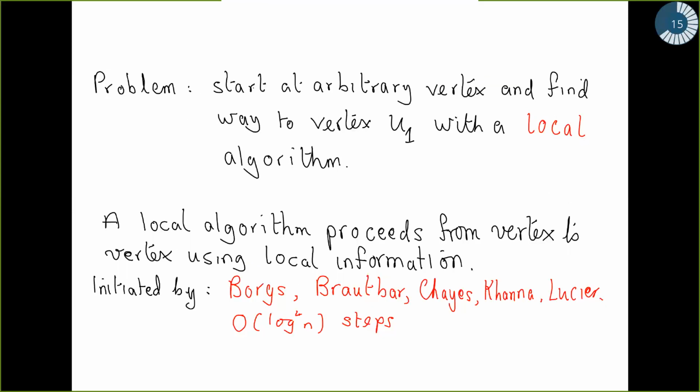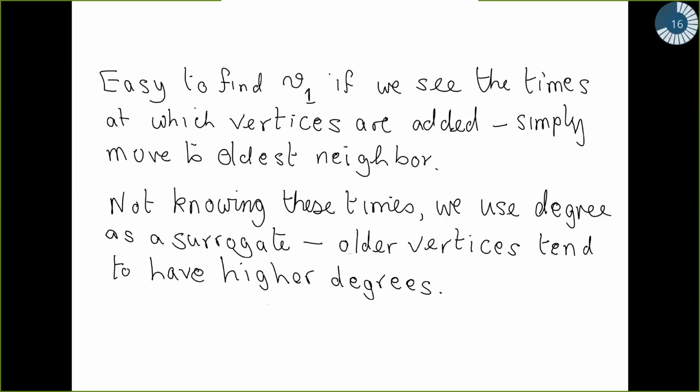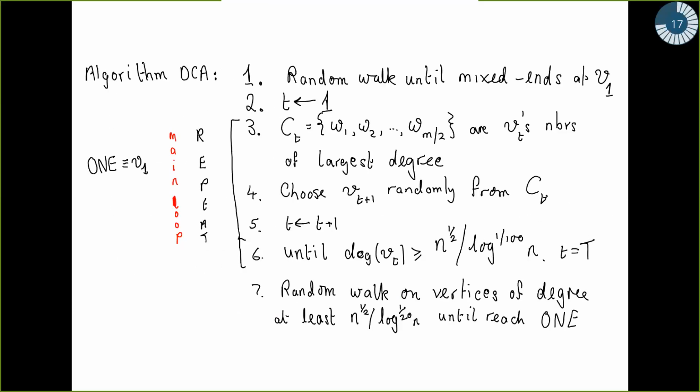But to be fair to these guys, they just wanted to prove something polylogarithmic, and once you've done that, you don't necessarily have any energy to do any more. And this one was quite difficult.